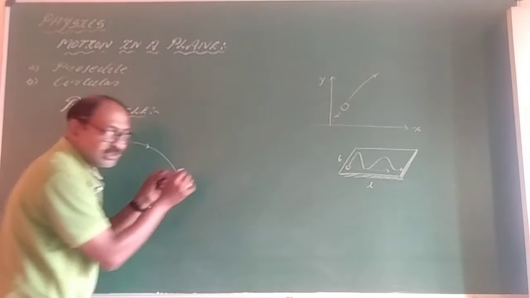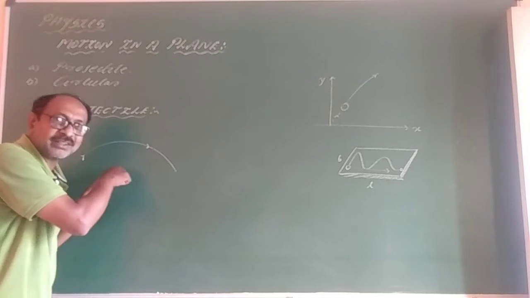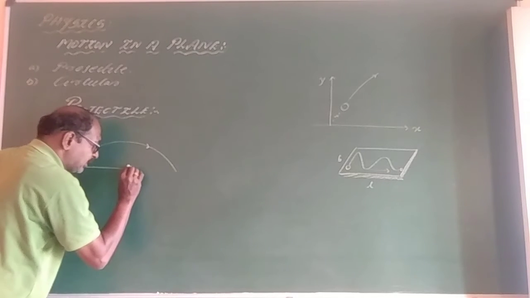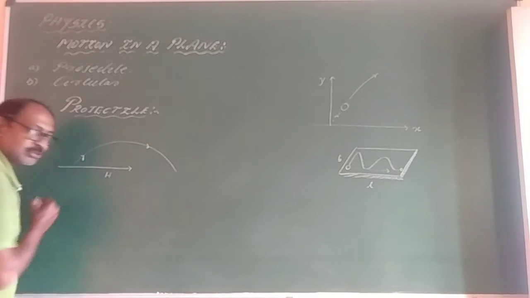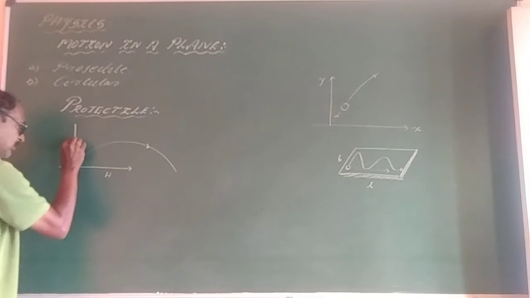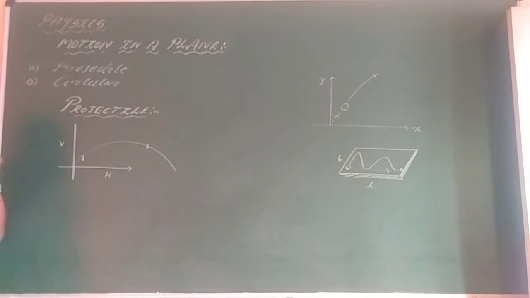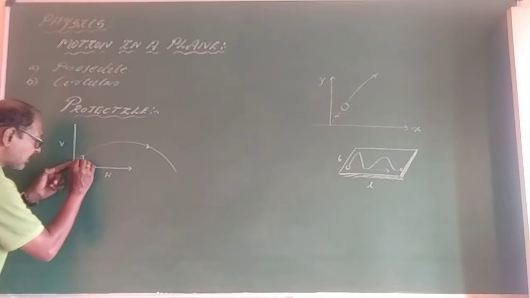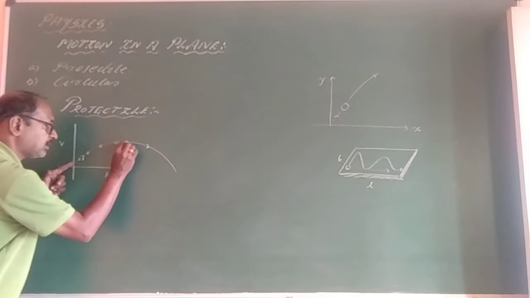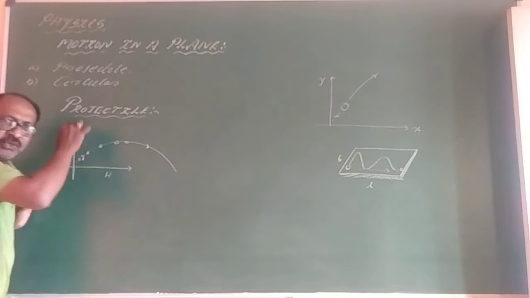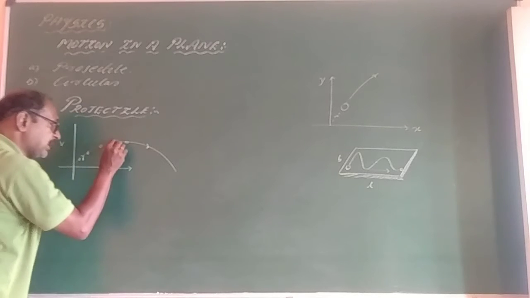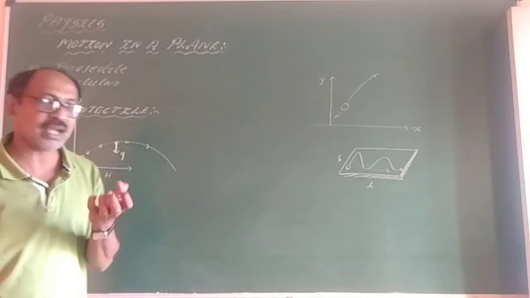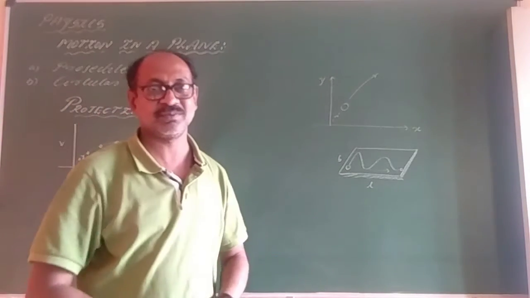I already told you the velocity changes with respect to time. It moves along the horizontal path, and here it is the vertical path. The body which comes here, at each and every point, there is an action of the acceleration due to gravity of that place.